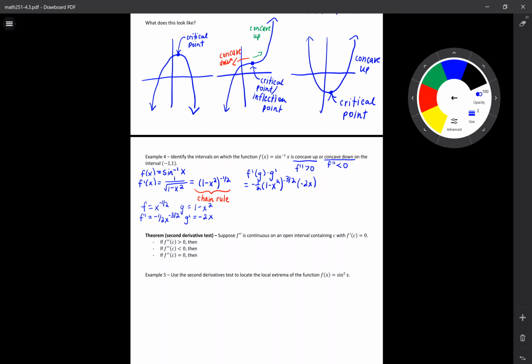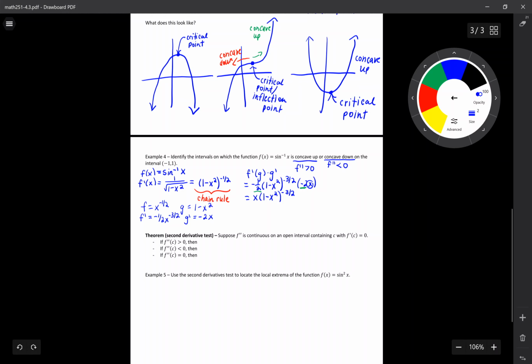which is pretty ugly. But let's see, I'm going to combine this negative 1/2 with this negative 2. If I multiply those together, I just get 1. So I'm going to bring this x out in front. So I get x times 1 minus x squared to the negative 3/2.